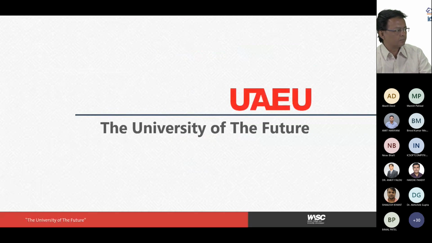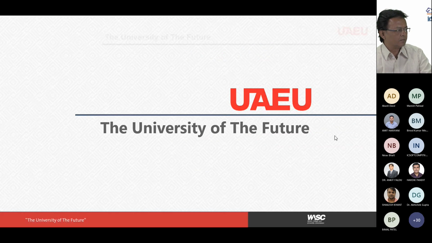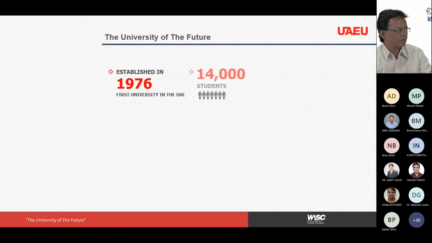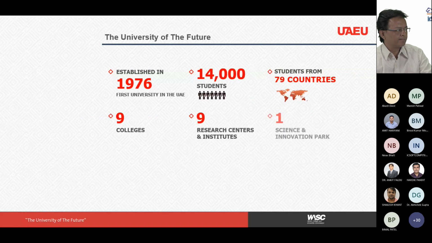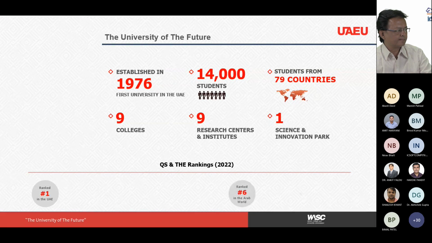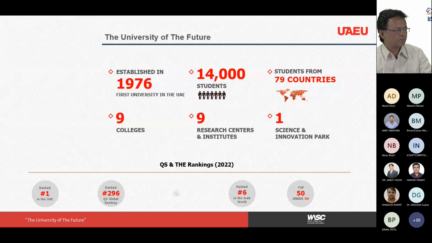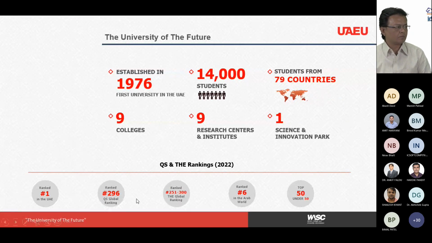I have a small introduction. Our university says I have to go through these small things once we do the presentations. So here it is, the University of the Future, established in 1976. We have about 14,000 students from 79 countries. We have 9 colleges, 9 research centers and institutes, and 1 science innovation park. We are number 1 ranked in the UAE.